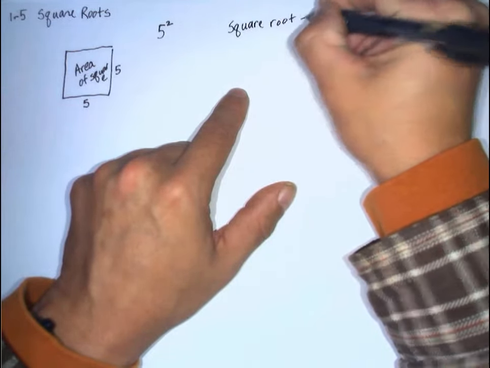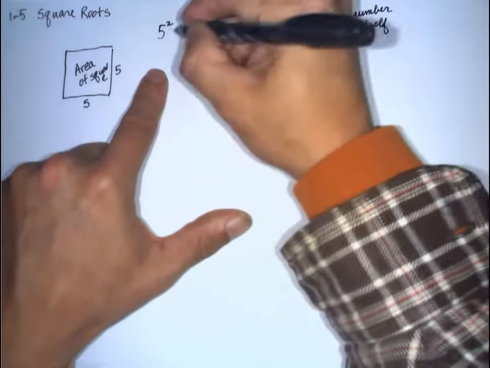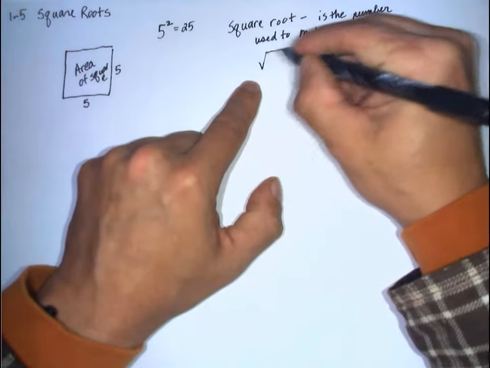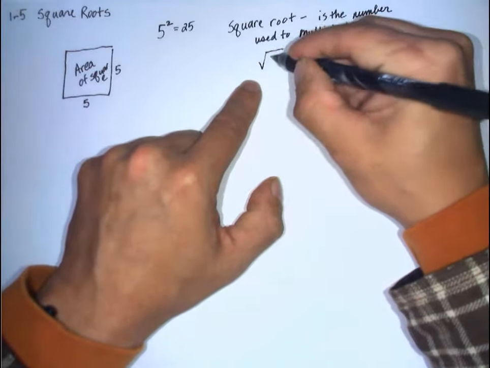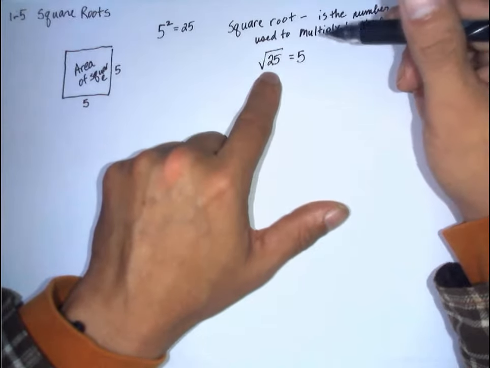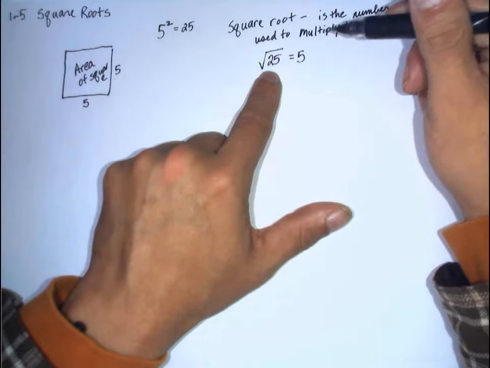So in other words, we know that 5 squared is 25. If we're asked to find the square root of 25, that's going to be 5. And unfortunately, for now, the only real way we have of figuring these out is memorizing them.